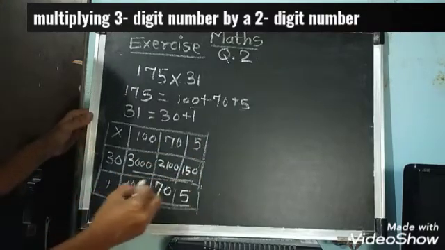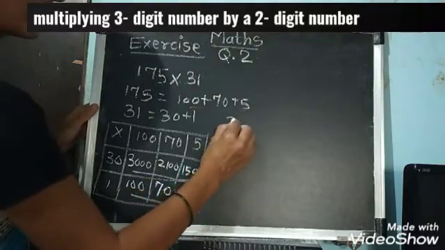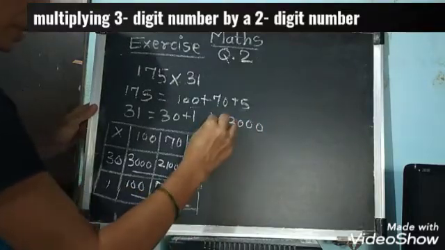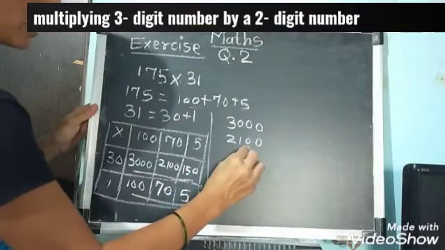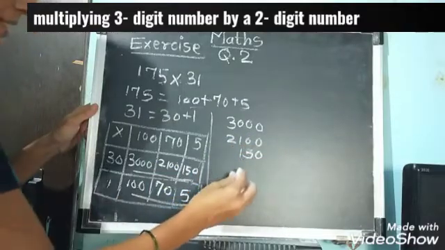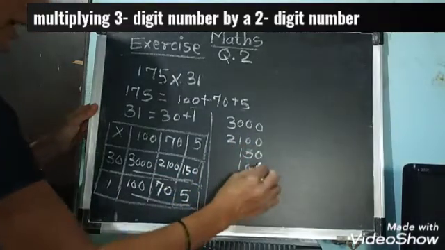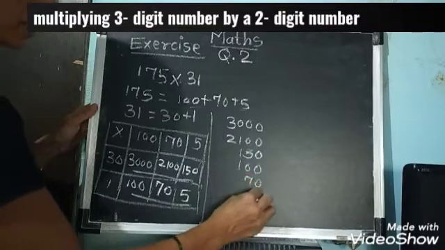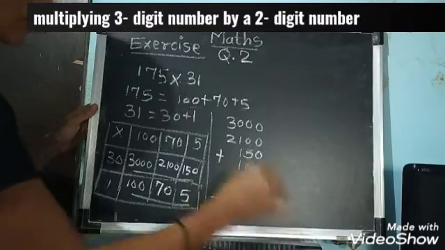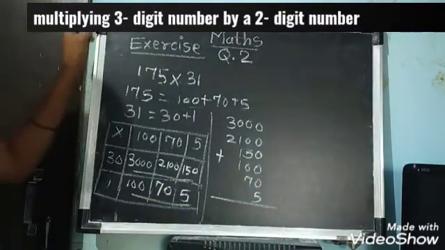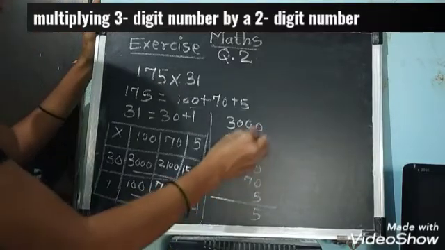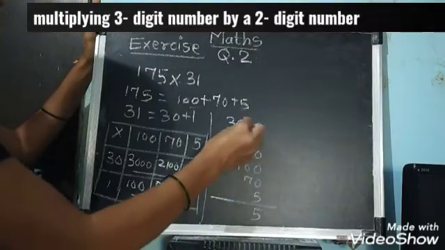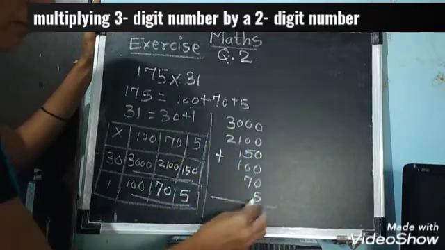Add the 6 boxes. 3000 plus 2100 plus 150. See the places and write down the number. 100 plus 70 plus 5. Do addition. You can give one symbol or two symbols, no problem. 0 plus 5, 5. 5 plus 0, it is 5. 5 plus 7, 12.